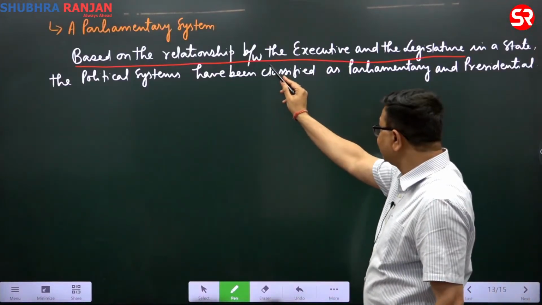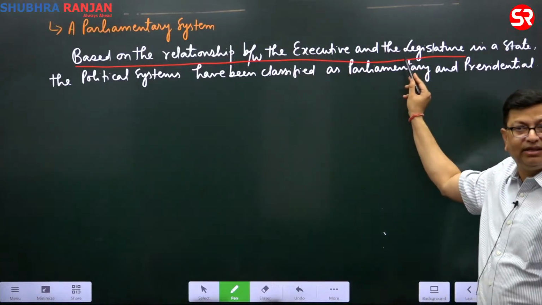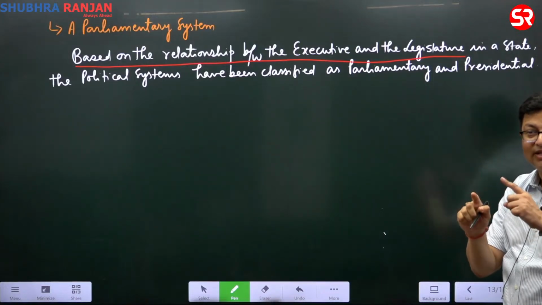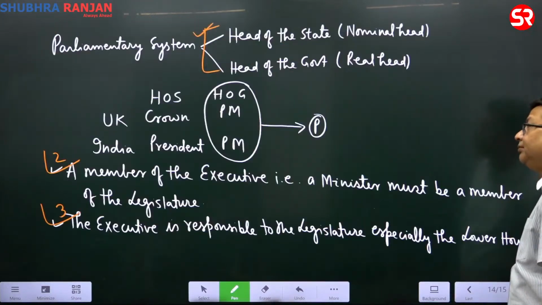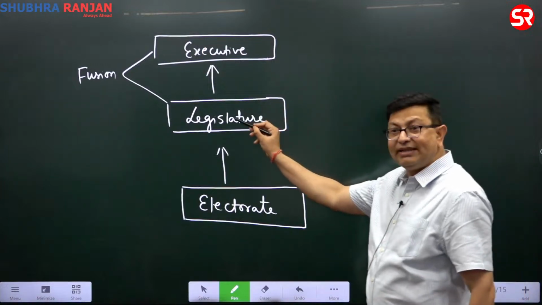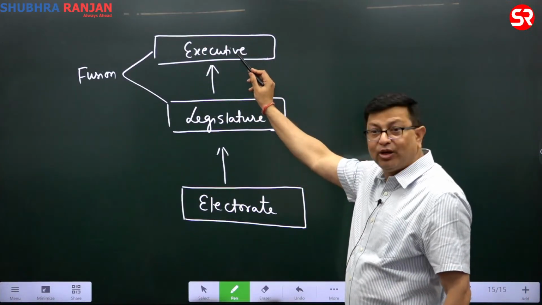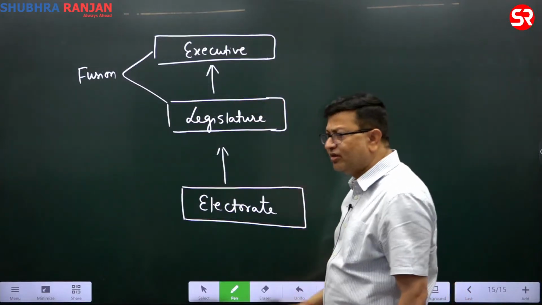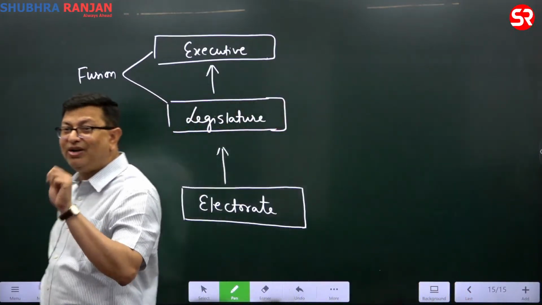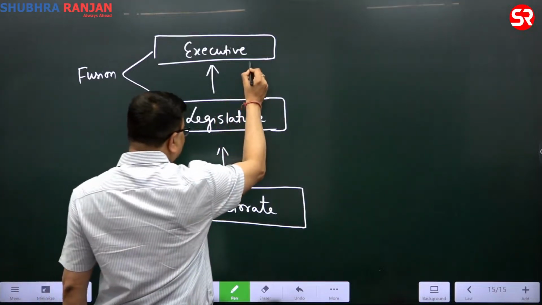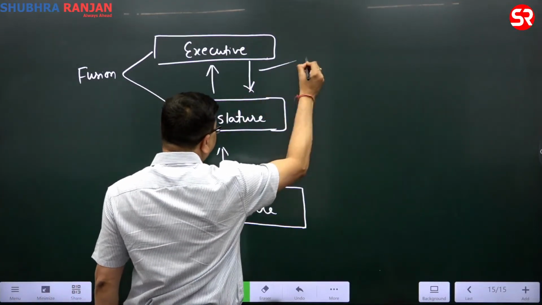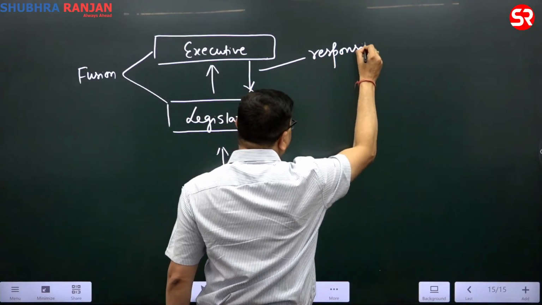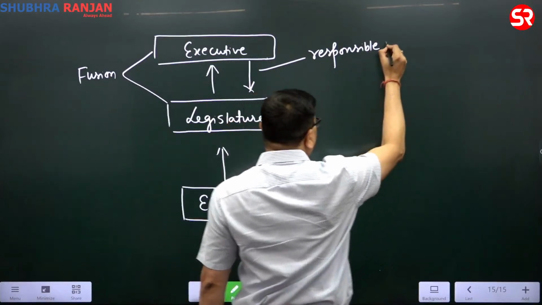Based on the relationship between the executive and the legislature, we have parliamentary and presidential systems. So there is a fusion. A member of the executive, that is, we are talking about the political executive, the ministers must be the members of the legislature. And the third point we had written, the executive is responsible to the legislature.